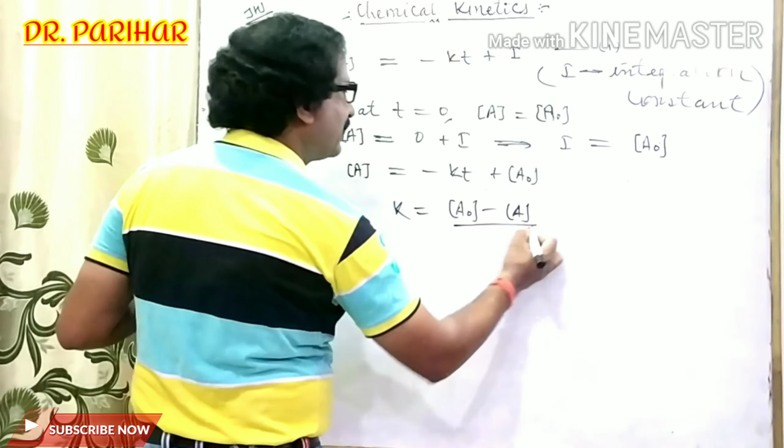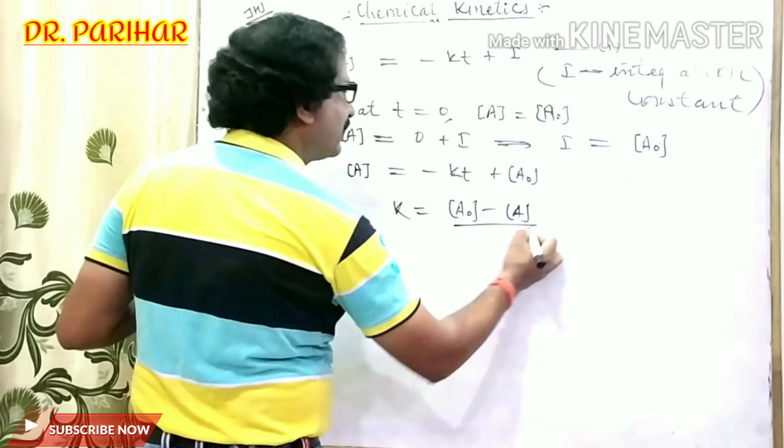Okay, here T is the time taken, this is the remaining concentration, and this one is the initial concentration, and T is the time taken. Okay, this is the kinetic equation used for zero order reaction, okay, clear?